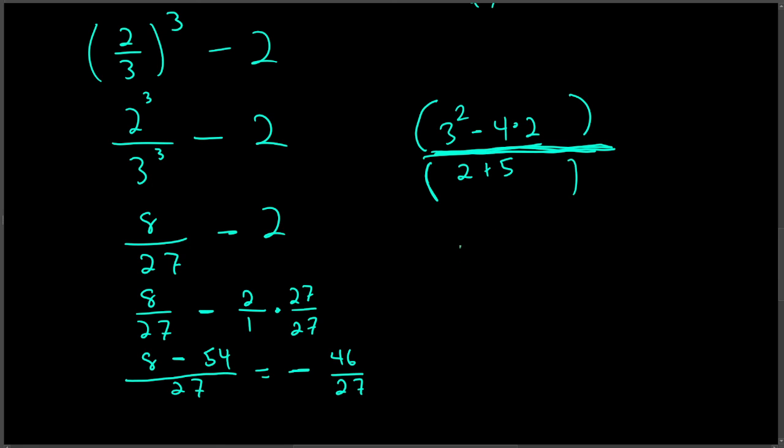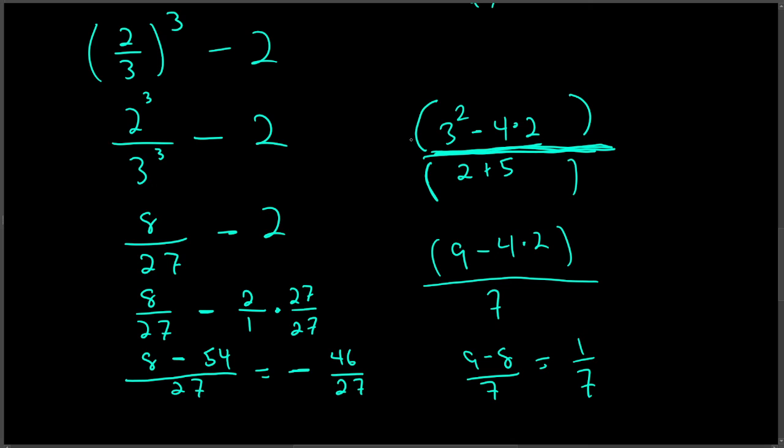So I go upstairs and I do my 9, because I do my exponents first in my upstairs. And downstairs, 2 plus 5 is 7. And I come up here, and 4 times 2 is 8, so I'm going to get 9 minus 8 over 7, or 1/7. So just be careful when you're doing your order of operations.